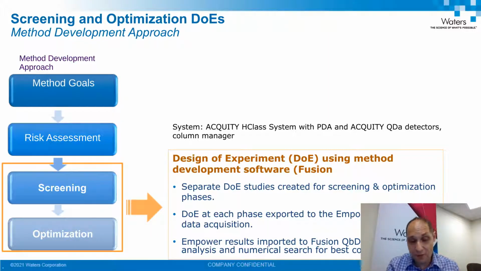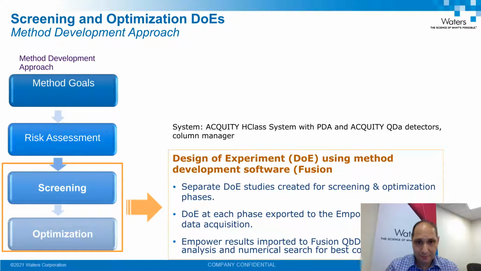The most important one at this stage is the chemistry of columns and mobile phases. pH also is a major influencer in the performance of chromatography. The next step is optimization. In optimization, what is normally done is fine-tuning of the less important chromatographic factors to achieve the best separation between the compounds and the most robust method.